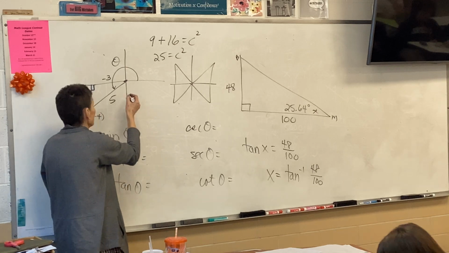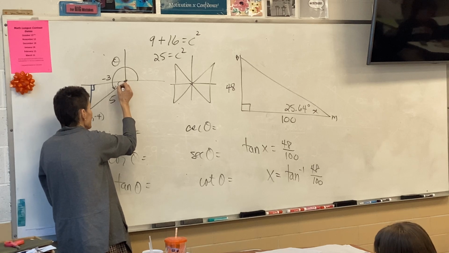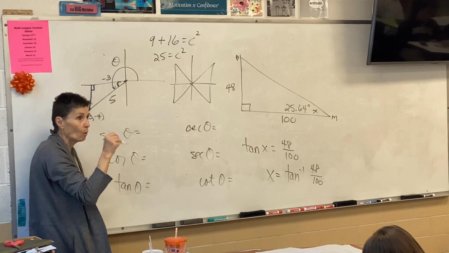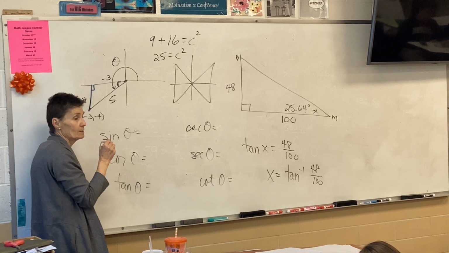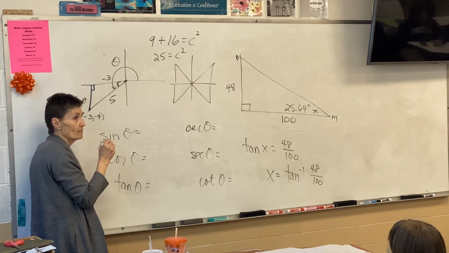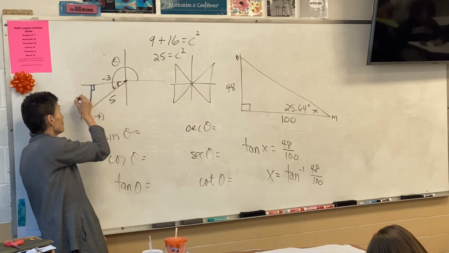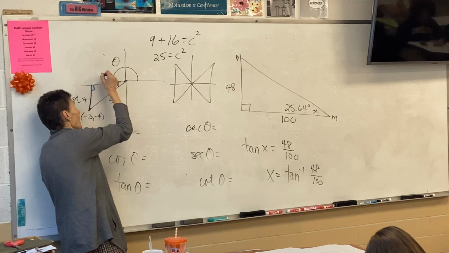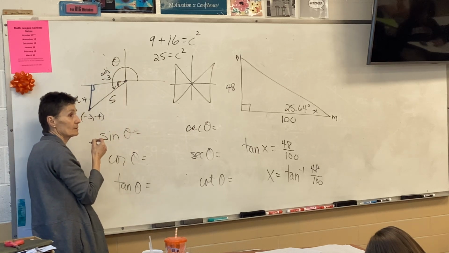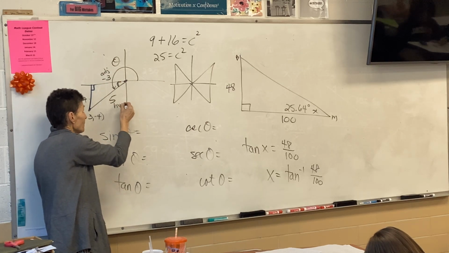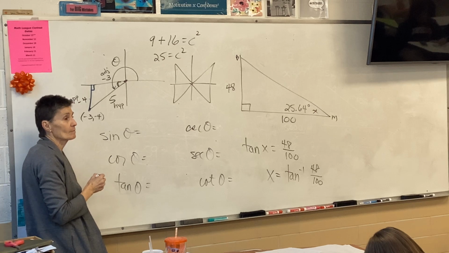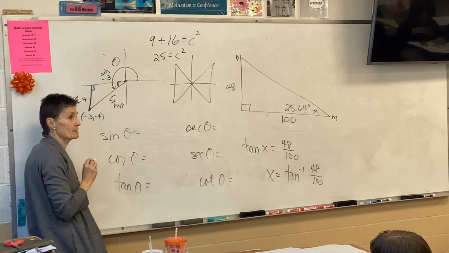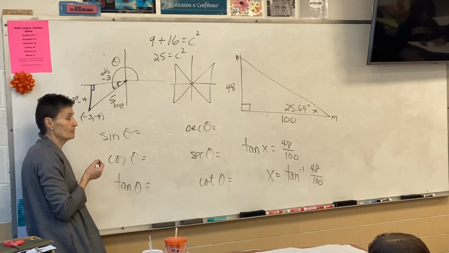Now your angle is always right here at the origin. That's your point of reference. So this side would be opposite, this side would be adjacent, and this side would be hypotenuse. Now, why is the adjacent side negative?